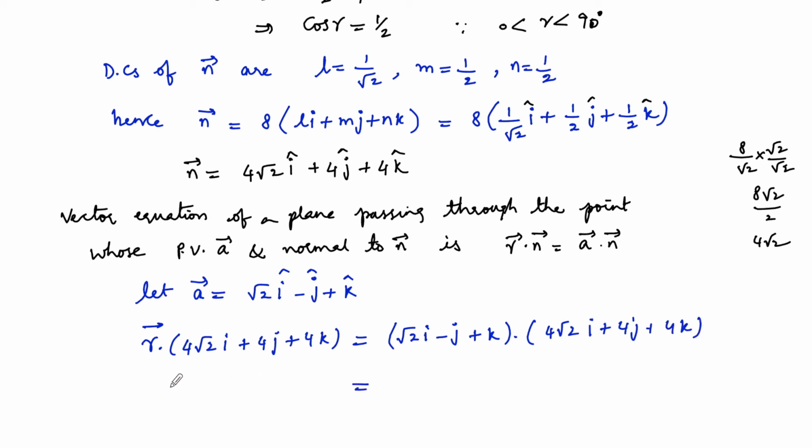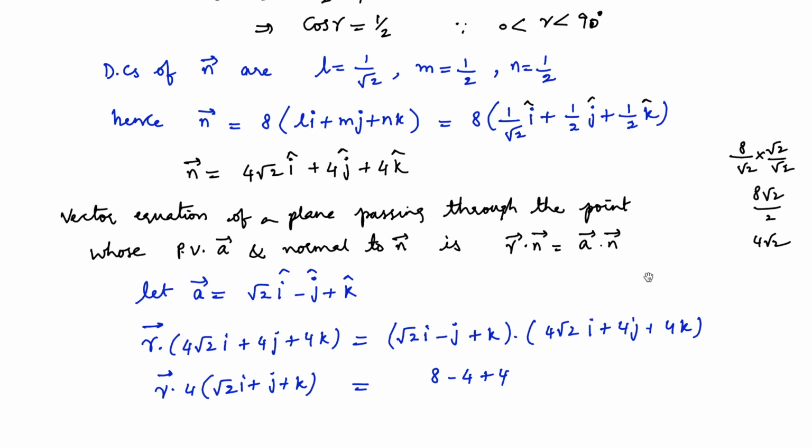We can take 4 common: r dot 4 times (root 2 i plus j plus k) is equal to 4 root 2 into root 2, which is 8. The dot product is a scalar, so root 2 into 4 root 2 is 8, and minus 1 into plus 4 is minus 4, and plus 1 into 4 is plus 4.